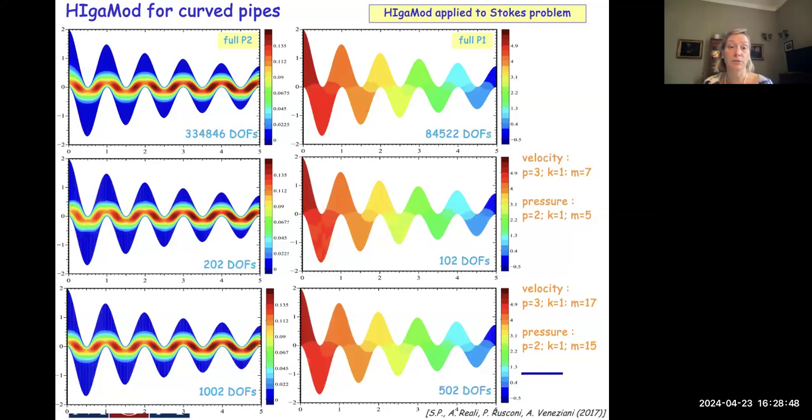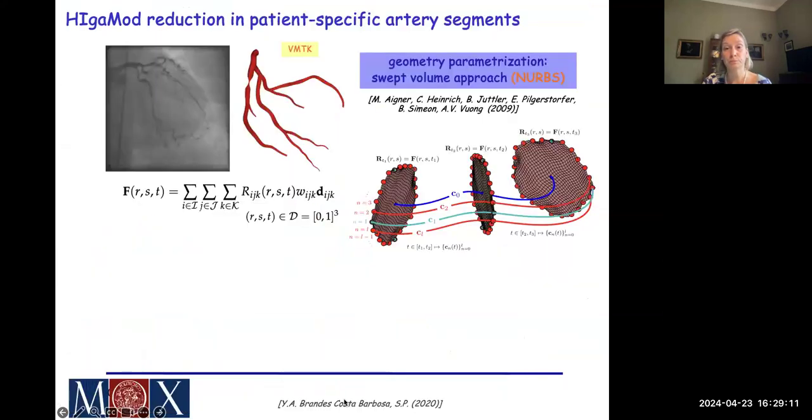And the interesting information is the one related to the DOF. Indeed, we are able to save a lot in terms of degrees of freedom, just compare the number associated with the full finite element discretization and the best high mode discretization. So essentially, we gain 2 orders in both cases.